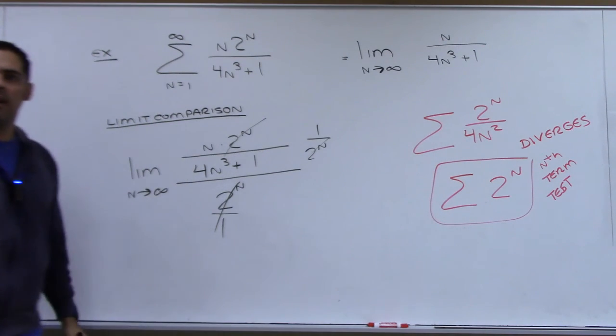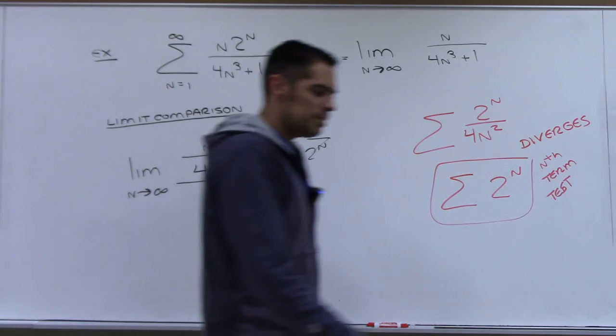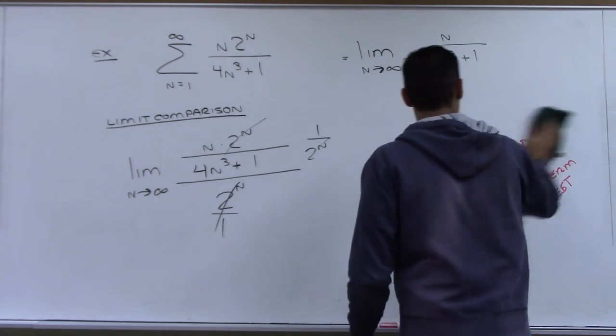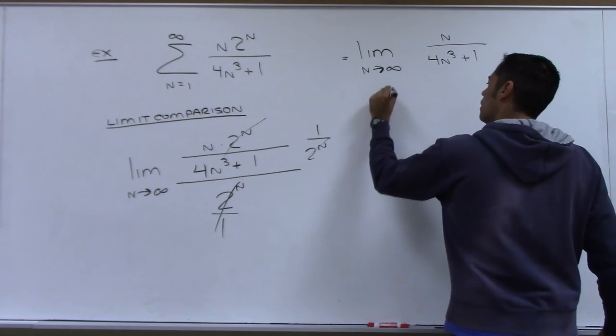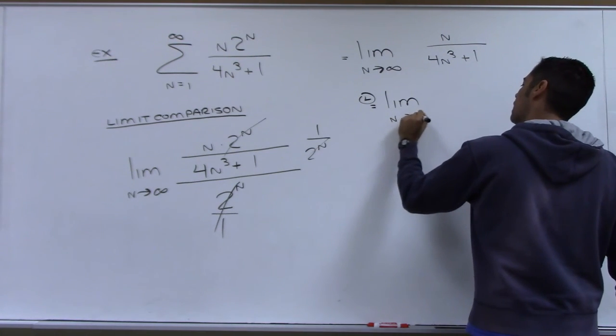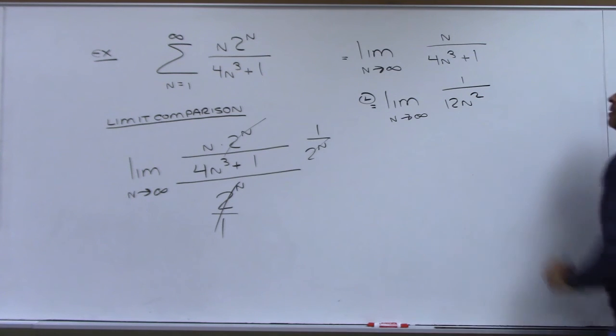You have to do L'Hopital one time maybe? If you do L'Hopital one time on that, what do you get? L'Hopital here, and it goes to infinity. 1 over 12n squared.